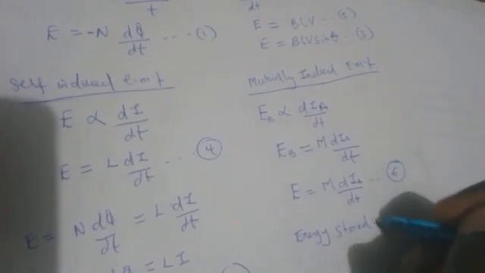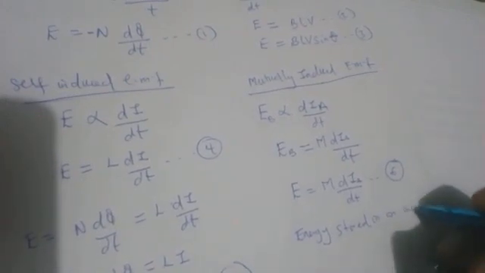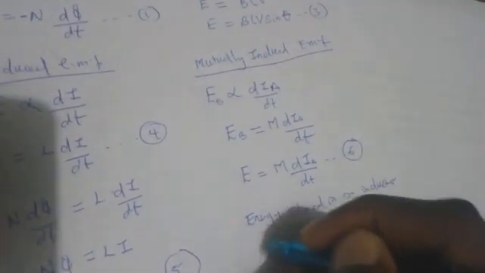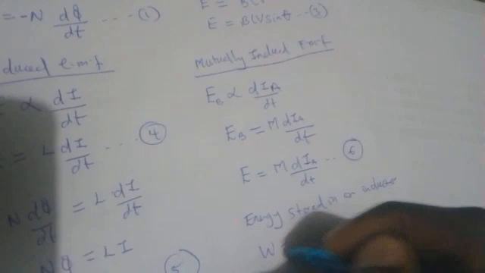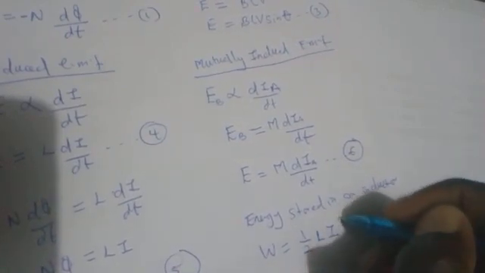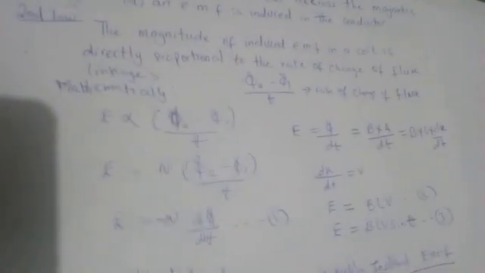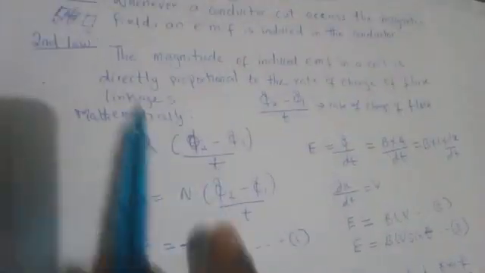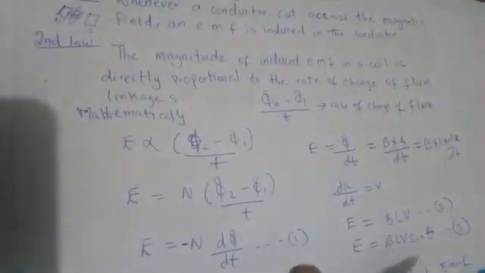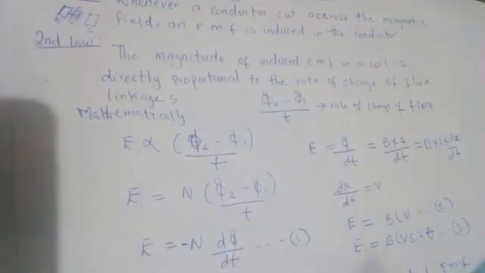Energy stored in an inductor is given as W equals 1 over 2 Li squared. And let us call that one equation 7. So try to remember that we derived all this from the second law. Then we have the self-induced EMF.